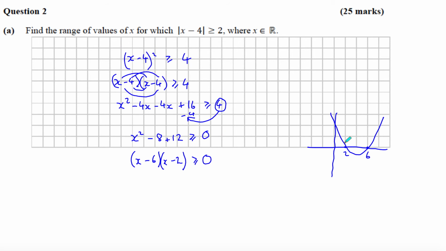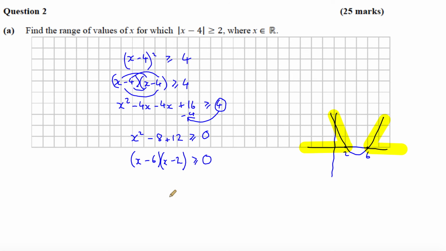Okay, so we want to know where this function is greater than or equal to 0. It's going to be greater than or equal to 0 on this part of the function here. So the range of values of x would be the x values to the left of 2 and to the right of 6.